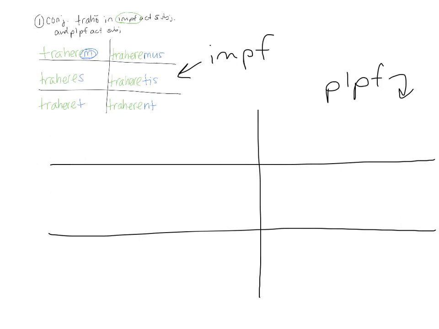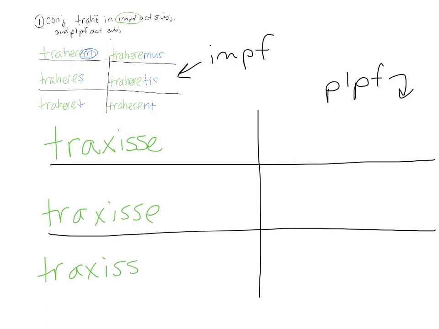Okay, so for the pluperfect, I'm going to be taking my perfect infinitive. So I'm going to start with trax from the third principal part, and I'm going to add isse. And that's going to be my stem. So I'm just going to repeat that in every box. Remember, you're writing this all in your notebook.